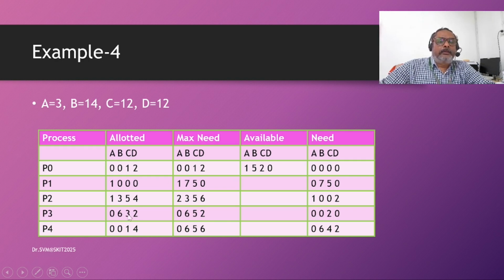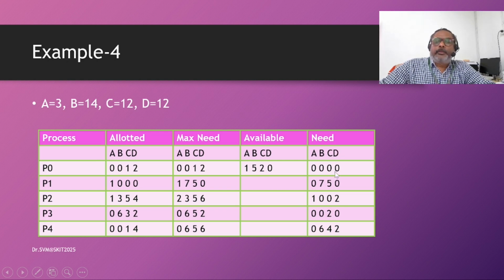So these are the various allotted things, and these are the maximum requirements, and looking at this we can identify how many are totally available and what is already allotted. Now we can see that there are totally 1520 instances of A, B, C and D respectively available for usage, and the difference between the maximum need and allotted will be the current need.